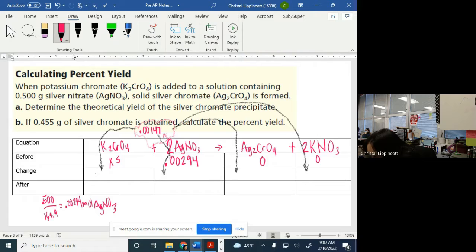As I go down and I multiply through the coefficients, my reactants I'm going to be subtracting from. My products I'm going to be adding because I'm making more of those, or I'm making them.